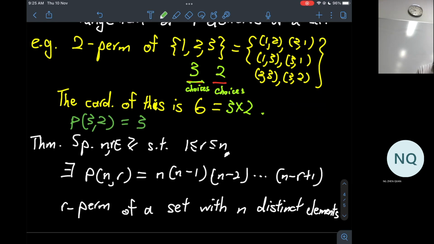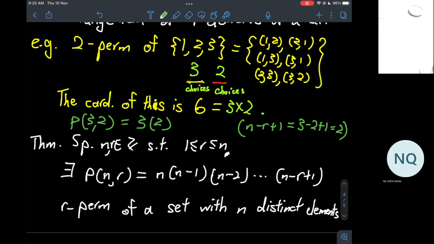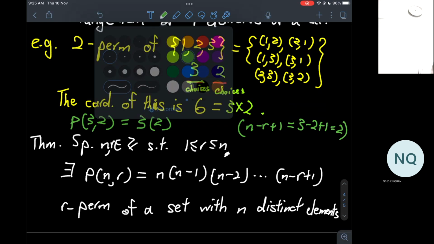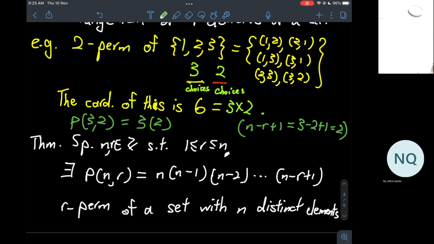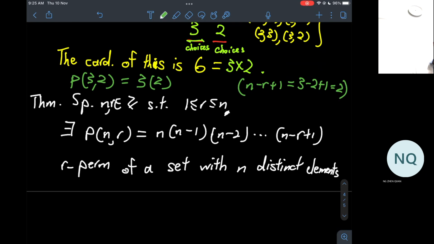First you put n, then n minus 1. And then what is n minus r plus 1 in this case? It is 3 minus 2 plus 1, which is equal to 2. So that means you stop at 2. It agrees with the previous example.